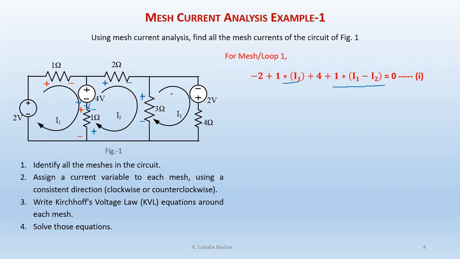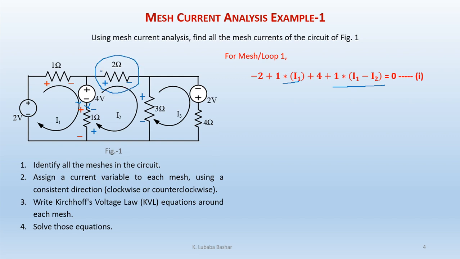Similarly, for loop 2, I have assigned the polarities like this, as I2 is the largest, so the current that flows through this 1 ohm resistor has the positive terminal at the bottom and negative at the upper portion. So plus I2 minus I1 into 1, minus 4, and can you tell me what happens for this 2 ohm resistor?